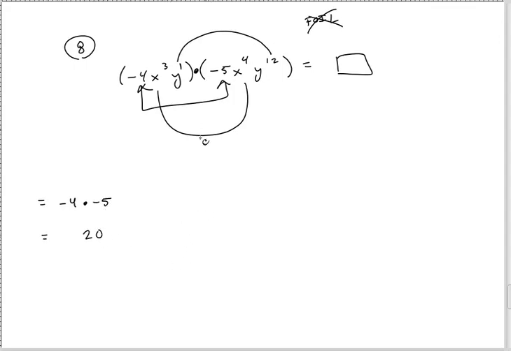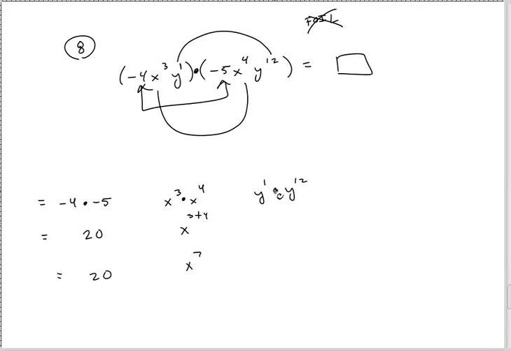Okay. Now let's look at the x's. So I got an x cubed, and I'm multiplying it by the x to the 4th. Again, you're multiplying your bases, so you're adding your powers. That's right. 3 plus the 4. And so I'm just going to try to drop it down here. We got a 7. And then my y's, I have a y, or just y to the 1. And then we got a y to the 12.